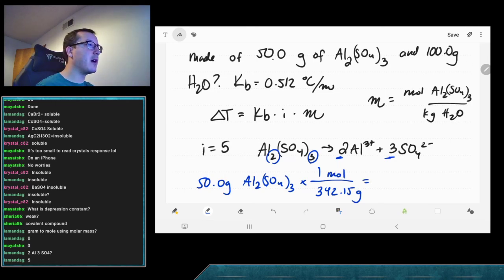So let's do that math. 50 divided by 342.15.